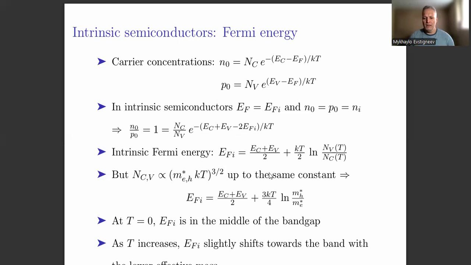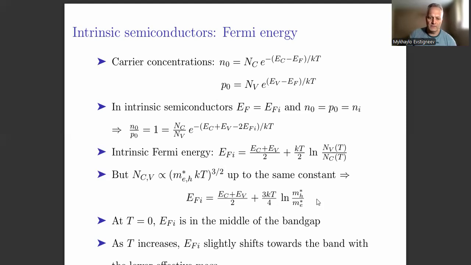So if the band gap has the value of 1 electron volt, then the first term, Ec plus Ev over 2, is half an electron volt away from either of the two band edges. So half an electron volt here, and something of the order of 26 milli electron volts here.